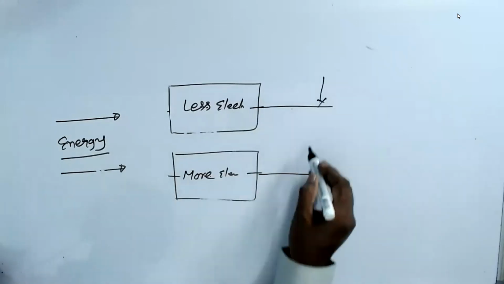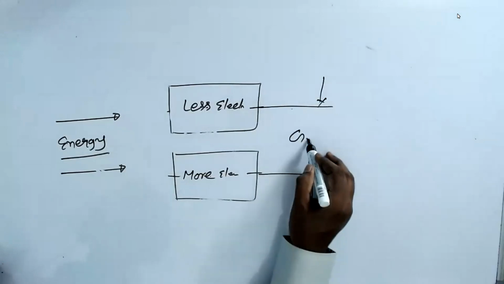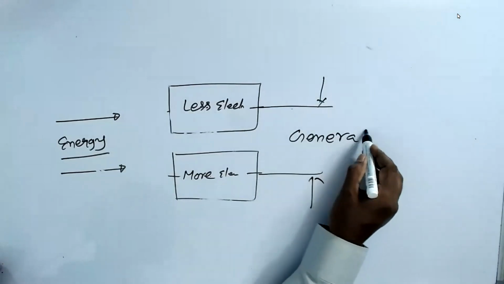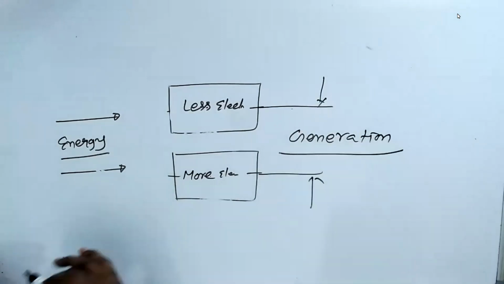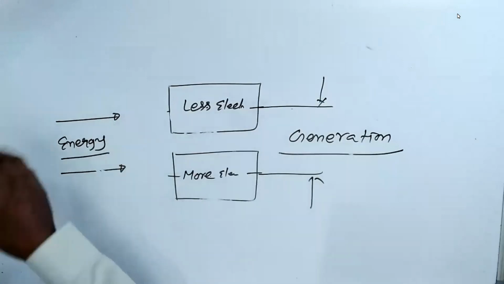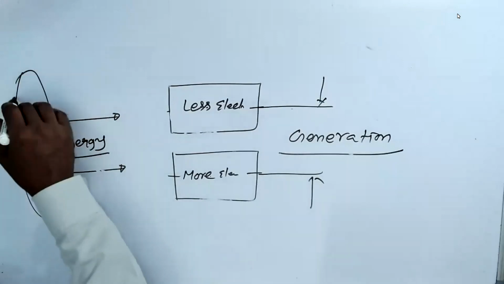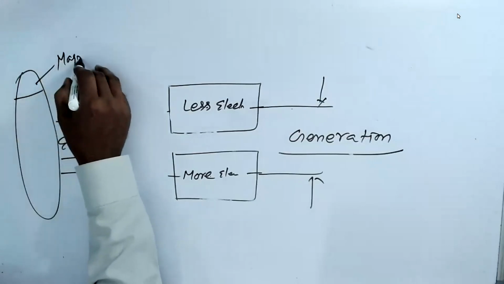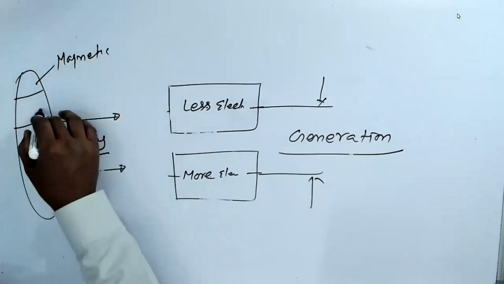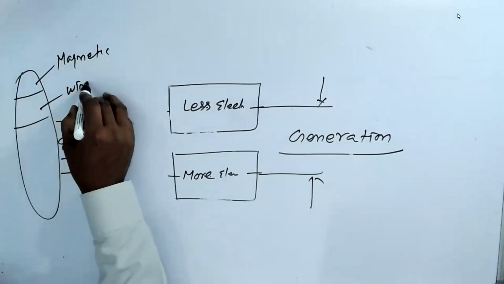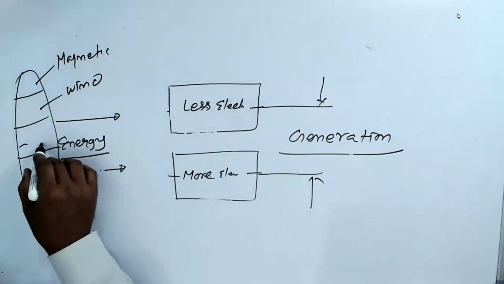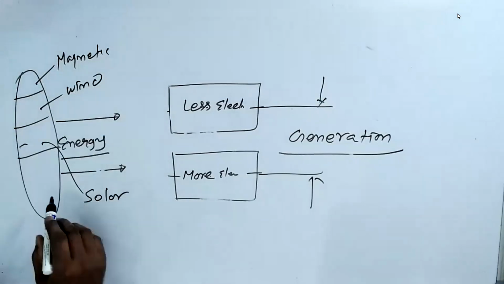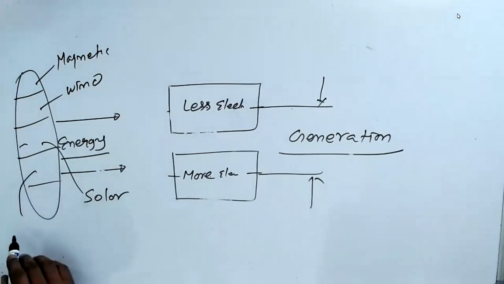This is what is called generation. What is meant by generation is you are converting some energy. It could be magnetic, or wind, or solar, or heat, or chemical.